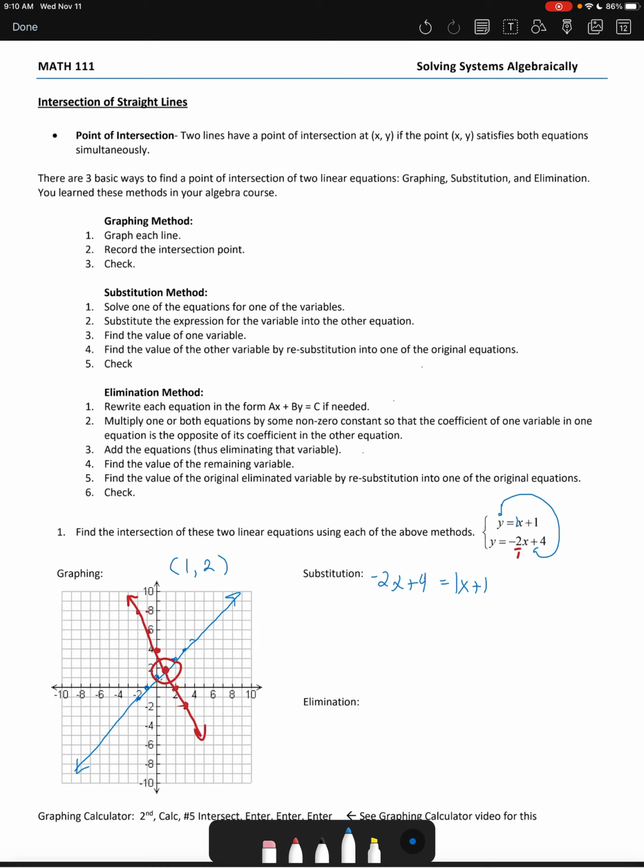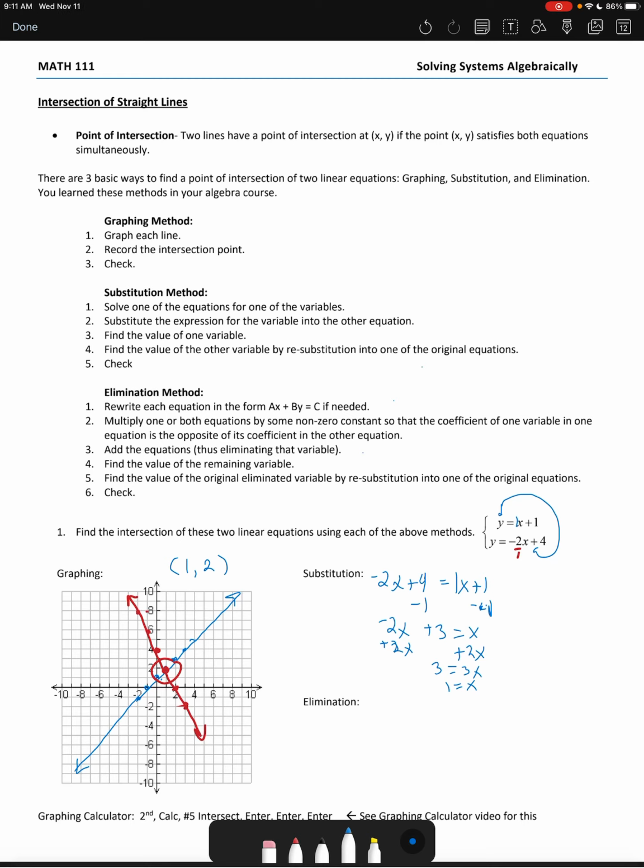We can then solve for x. So I'm going to subtract the 1 from both sides. Negative 2x plus 3 equals x, and then I'm going to add 2x. So I get 3 equals 3x, so 1 is x.